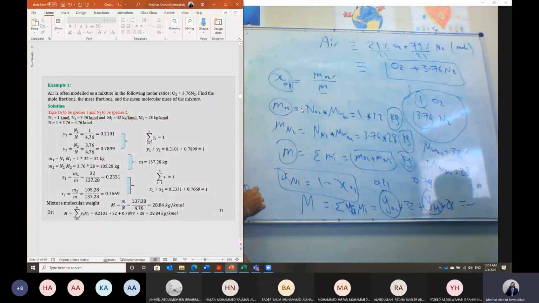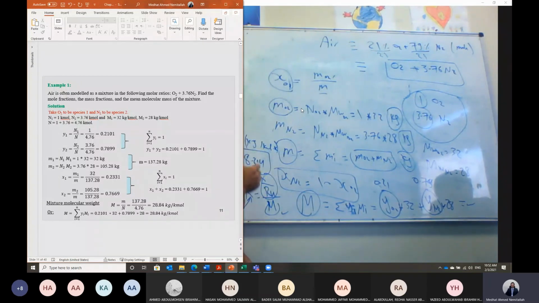And the gas constant for the mixture is equal to the universal gas constant, R bar or R universal, divided by the molecular weight. We have calculated the molecular weight, and for R bar you have to keep this in mind. This is actually 8.314 kilojoule per kilomole Kelvin.